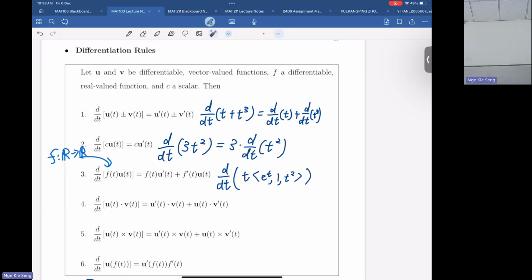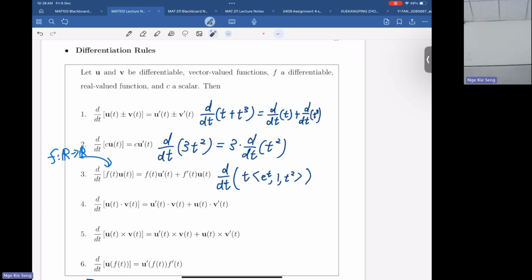But for 4 and 5 here, why do we split it up? What can you play around with vectors? How do you combine two vectors? How many multiplications can you take between two vectors? Either you can do a scalar product or you can do a cross product. These two are different. Why are they different? What happens if you take the dot product between two vectors?